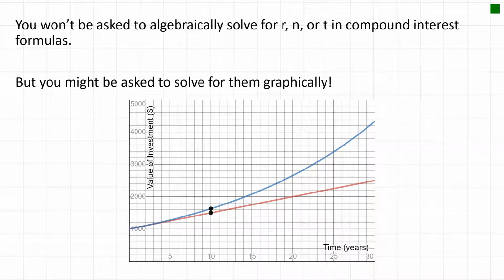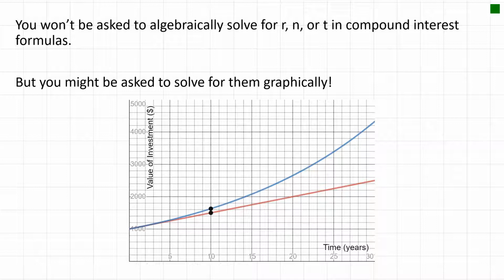Now, you won't be asked to algebraically solve for R, N, or T in the compound interest formulas. You actually need some pre-calculus 12 level math to solve for some of those variables. So don't worry about that. We're really just going to be focusing on calculating the interest, the total amount of an investment, or the principal like we've seen so far. But theoretically, you could be asked to solve for them graphically.